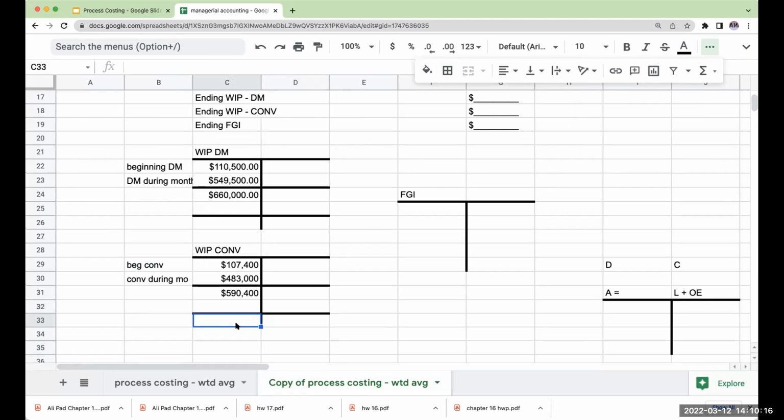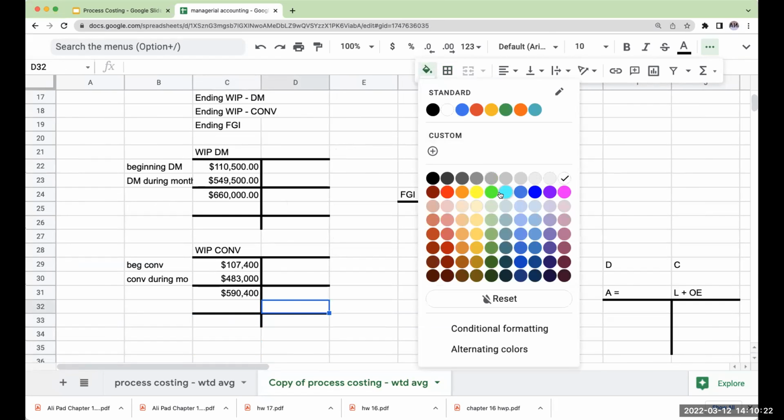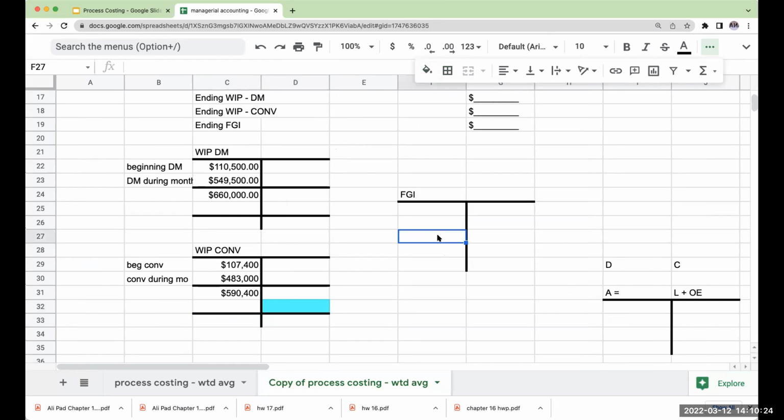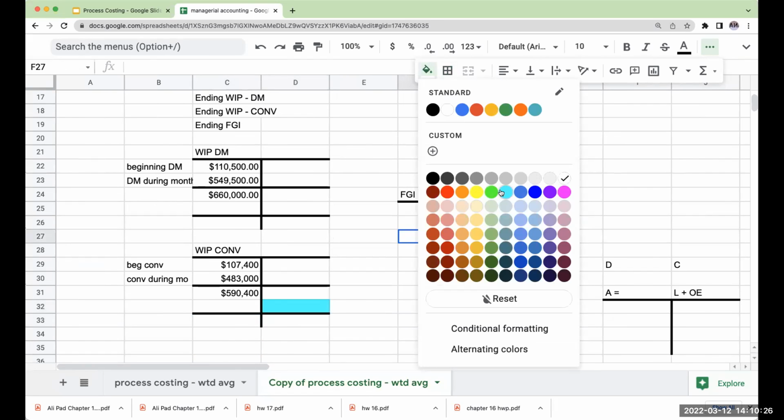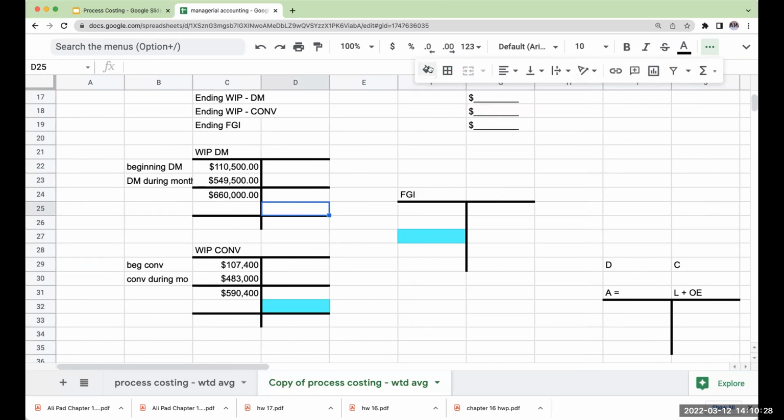So my ending inventory amounts should reflect the cost of those units, and I'm going to be shipping out these costs over here.